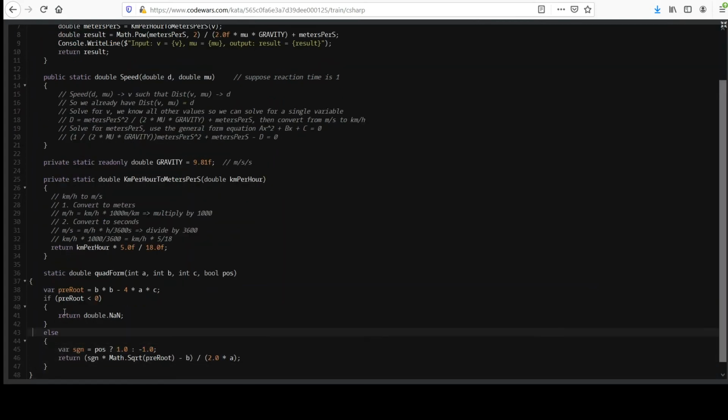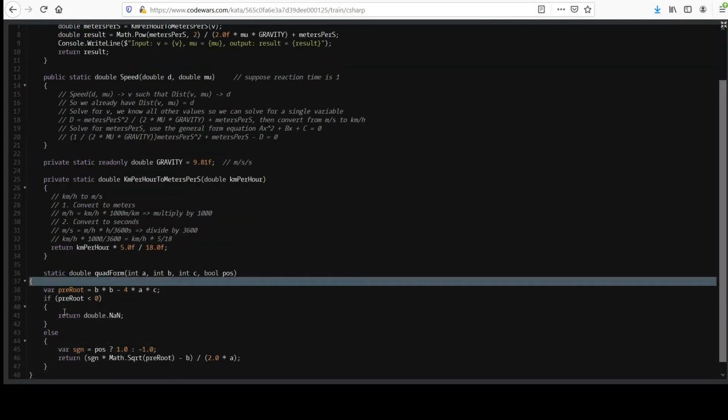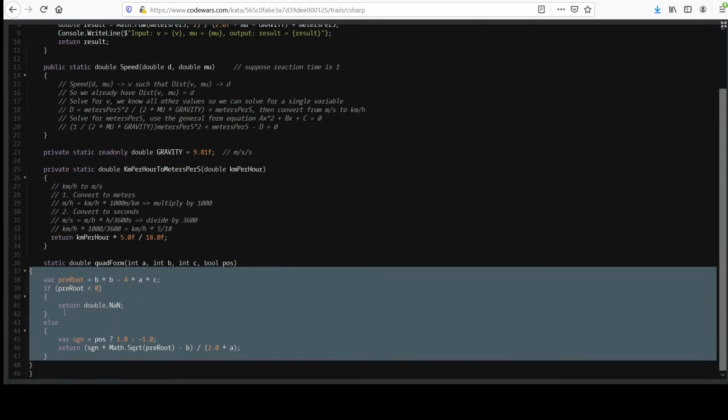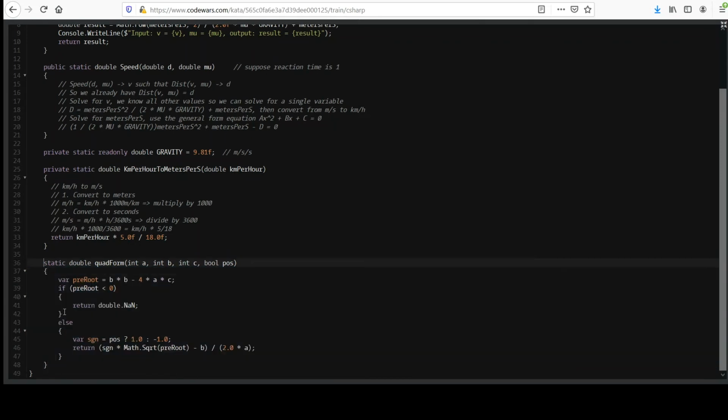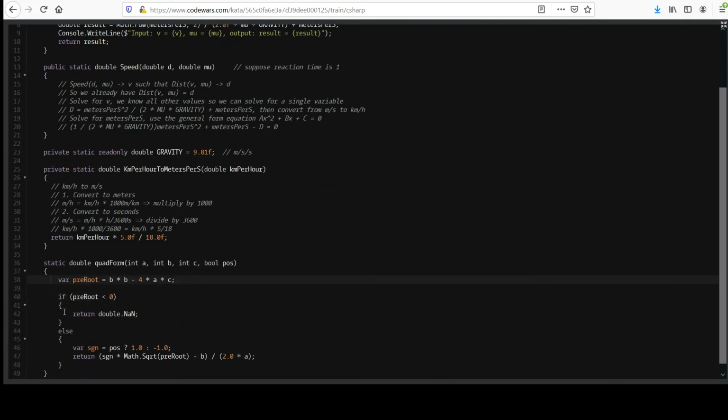Paste it in. Bear with my OCD, please. Okay. And so, I'm going to add the private. I like to be explicit with that. If you don't type private, it just defaults to private, but I think it looks nicer, and I like being explicit, so that's why I do that.